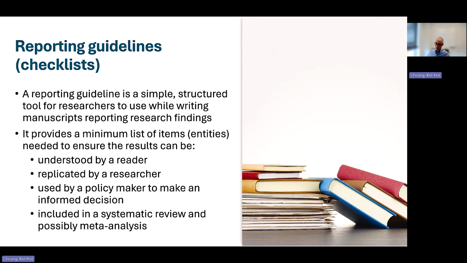It also provides a minimal list of items needed to ensure the results can be understood by a reader, replicated by another researcher, and even used by policymakers to make informed decisions. And last but not least, it can also be included in systematic reviews and possibly meta-analyses.